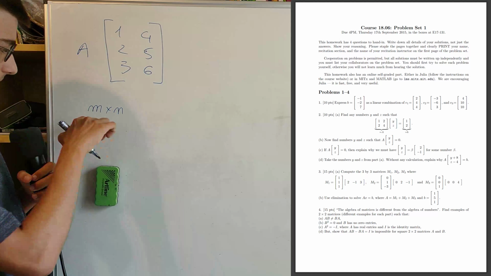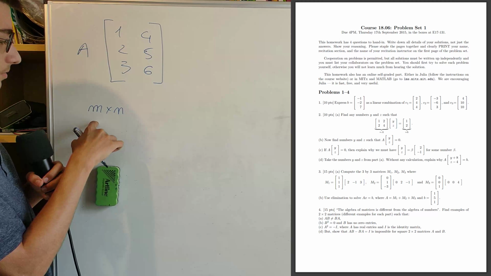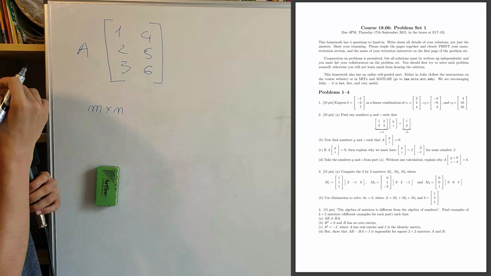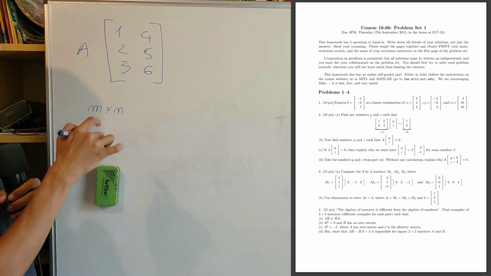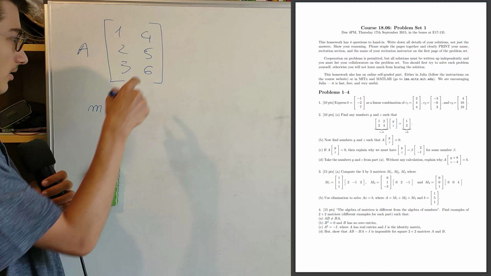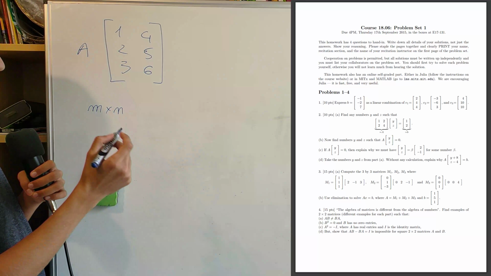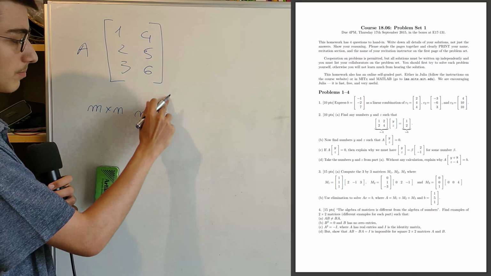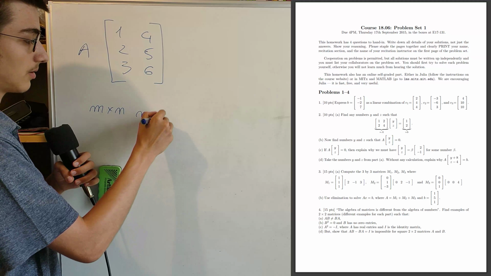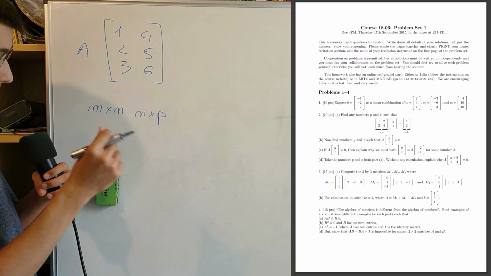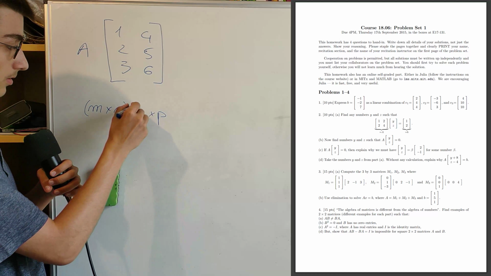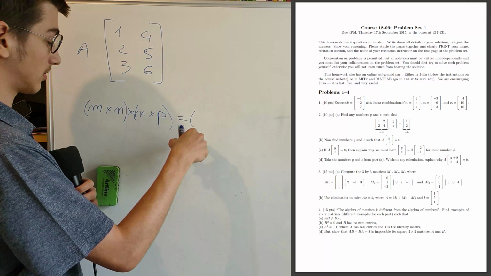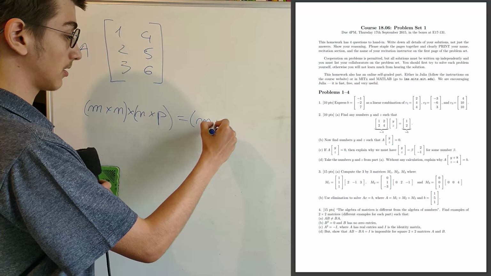If A is of size m times n, you may see this if you are programming, the shape of the array is m times n. If we want to multiply it by B, then B needs to be n times p, and the result would be of size m times p.